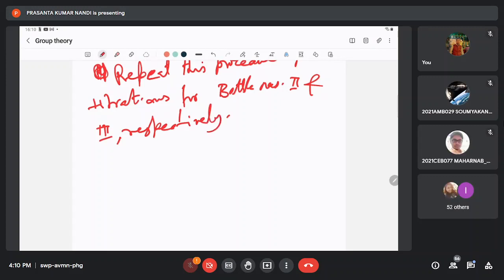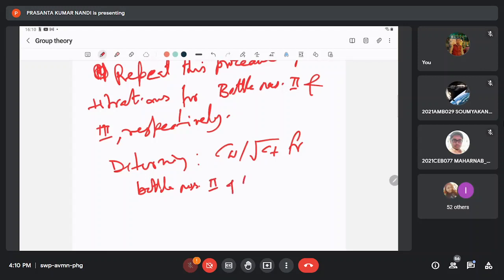That you can do and determine this ratio CW by square root of CT for bottle number 2 and 3. So this is the procedure and experimental data, that I will show you later. So this is the procedure actually.